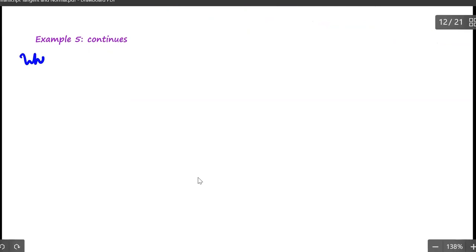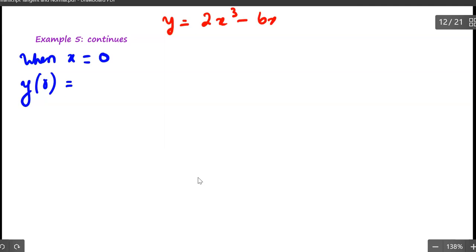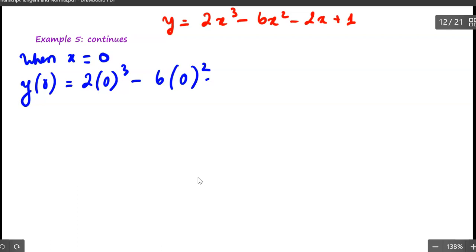So when x is equal to 0, then y of 0 is equal to, so let's rewrite our equation again. y equal to 2x to the exponent 3 minus 6x squared minus 2x plus 1. So when x equal to 0, y will be 2 times 0 to the exponent 3, subtract 6 times 0 to the exponent 2, minus 2 times 0 plus 1. So you can see right away that it's equal to 1. Okay, so in this case, the point that I work with will be 0 and 1.